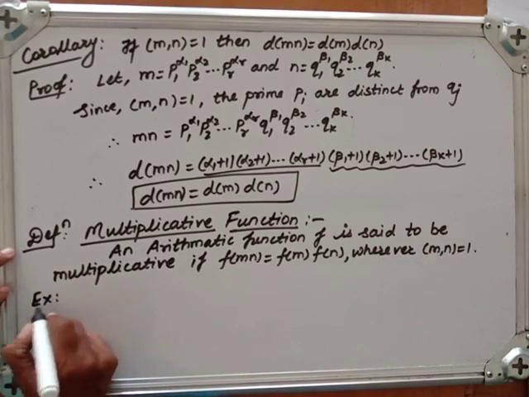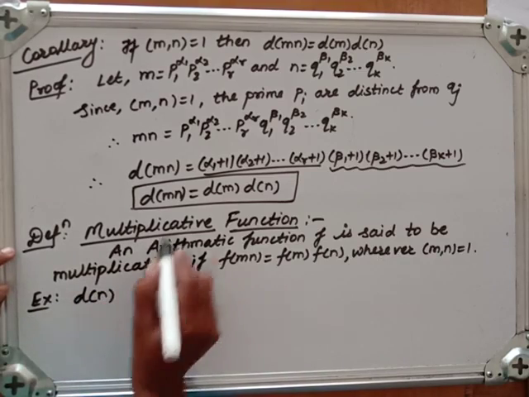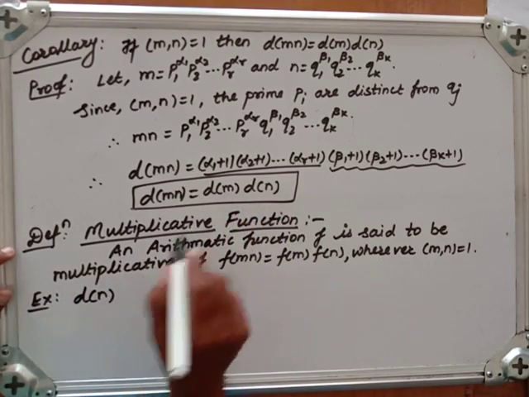So for example, this d of n, this one is the corollary, is an example for that.